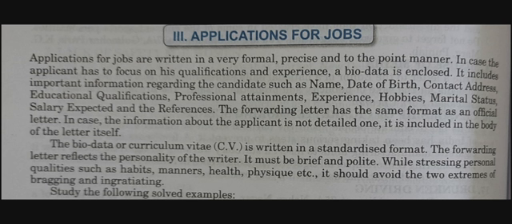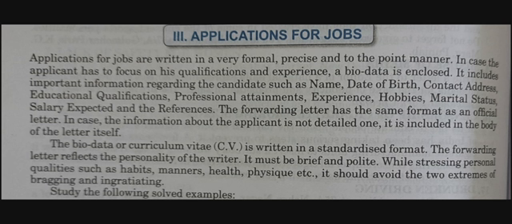All right. Then educational qualifications, then professional attainments. What is the meaning of professional attainments? It means whatever is your achievement in your professional life, whatever you have done in your professional life. Then your experience, your hobbies, marital status.